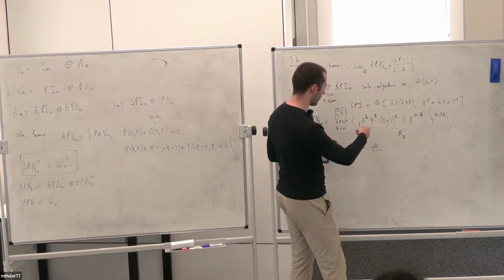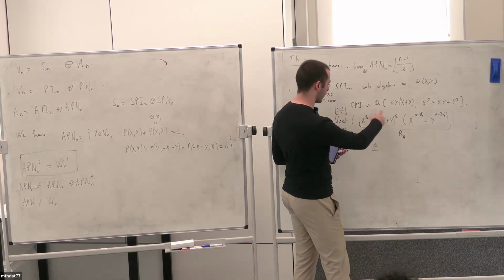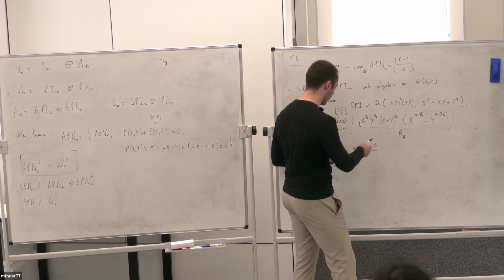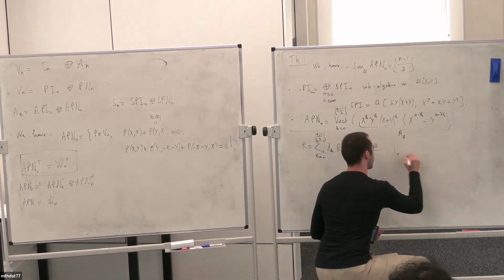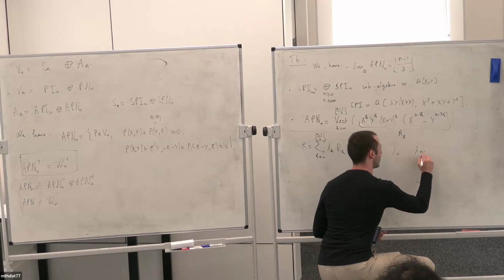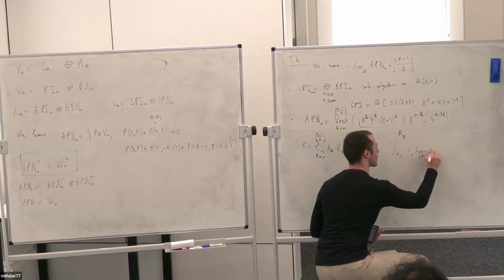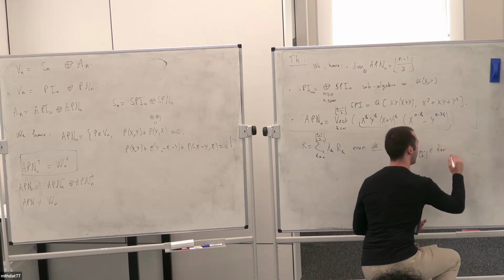This is quite simple. So, if and only if lambda 0 to lambda (n minus 1) over 3 belongs to the kernel of the following matrix.